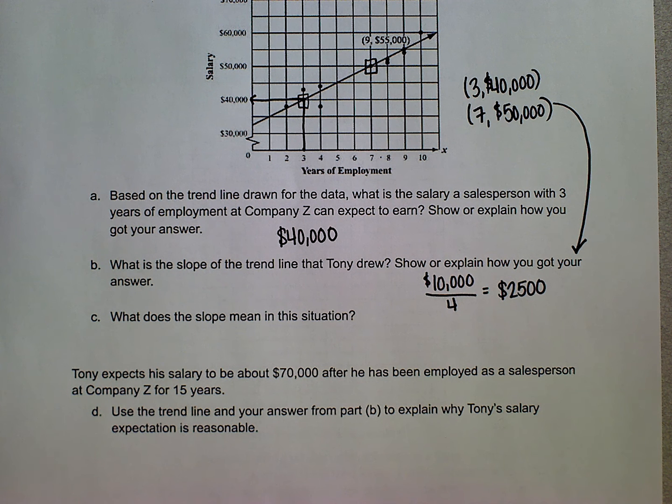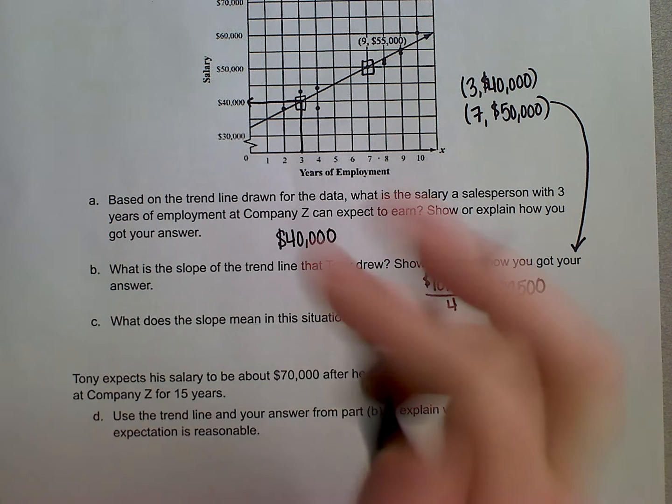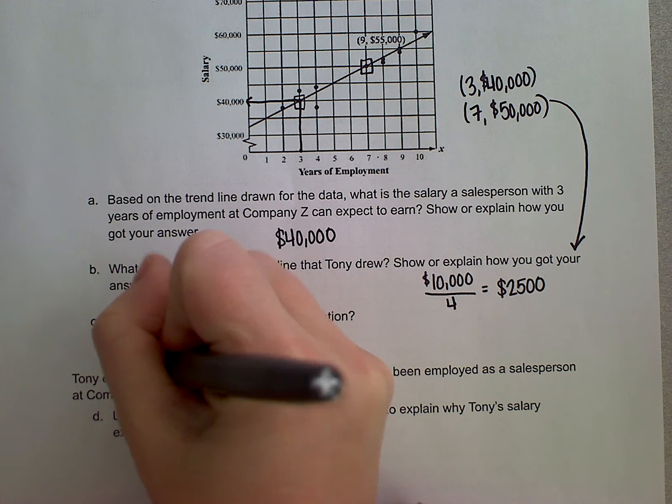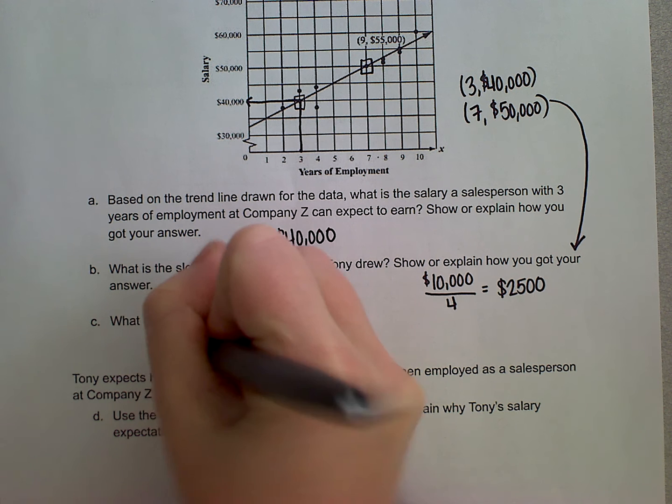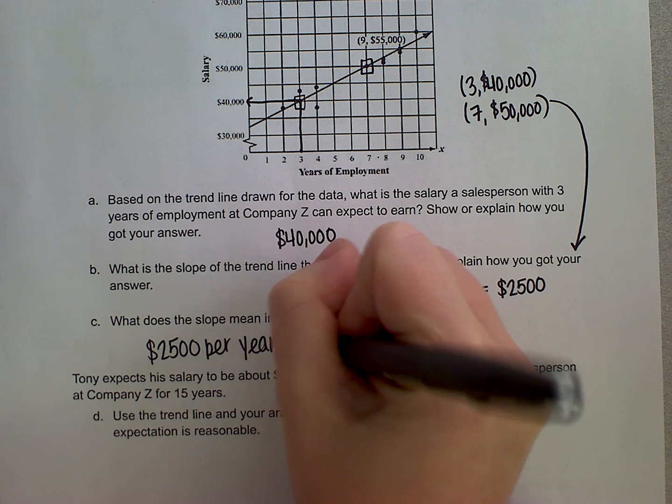So if you couldn't hear that at home, we're just saying that every year that you work there, you're increasing 2,500, right? You're rising 2,500 and running 1. So the slope means, on average, right? So this isn't perfect, but it's about a $2,500 per year raise in salary.